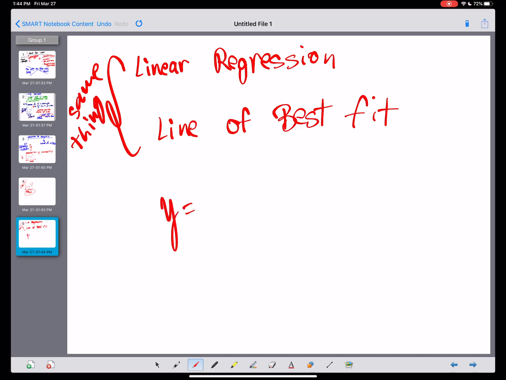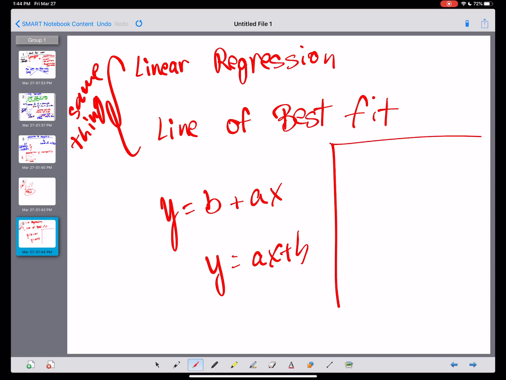Y equals just determines what they do. B plus AX or something along that line. You can also have Y equals AX plus B. They should mean the same thing. Okay. So linear regression and line of best fit mean the same thing. But in order to do that, remember, we have to satisfy our three conditions.